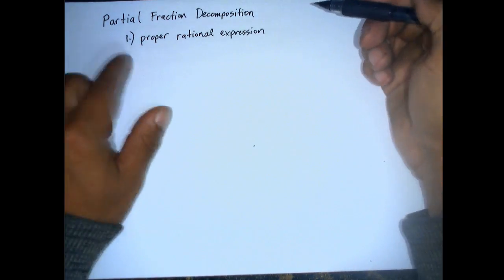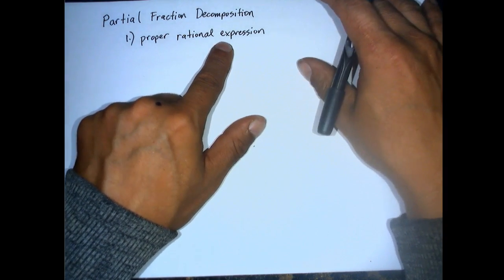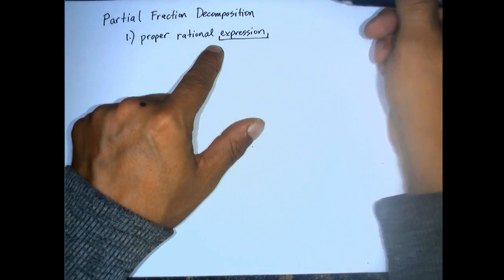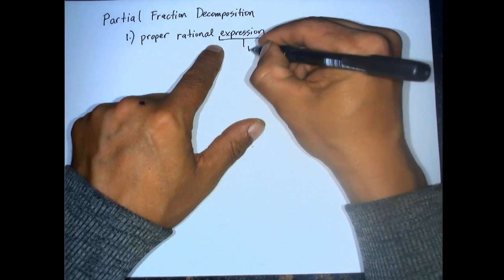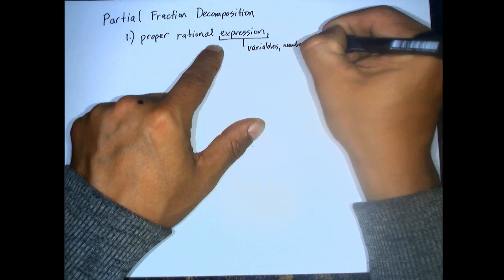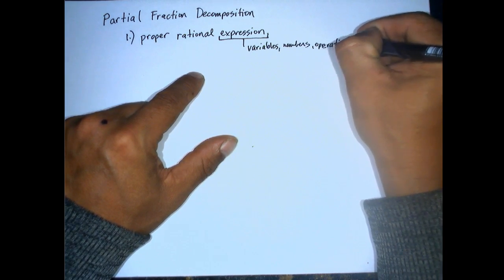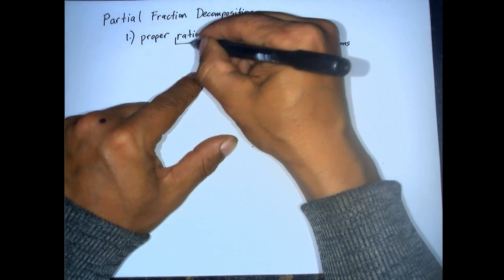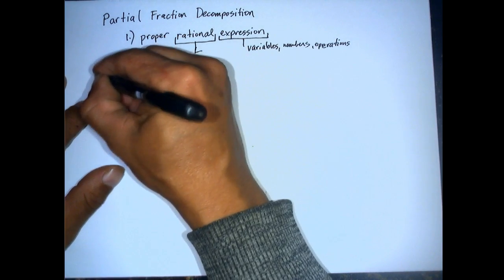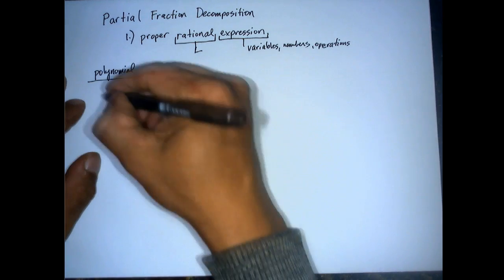Okay, so let's discuss what this means. Proper rational expression. Well, expression, of course, we know is algebra, right? Variables, numbers. So it's an expression with variables, numbers, and operations. Rational means that it's a polynomial divided by a polynomial.